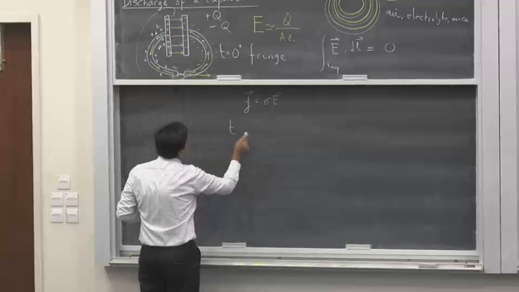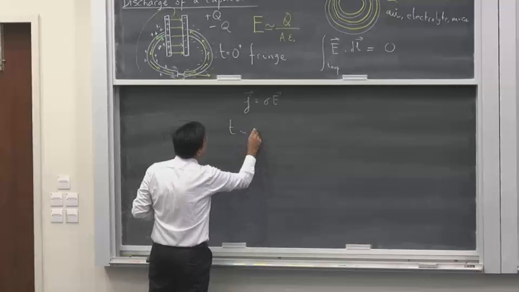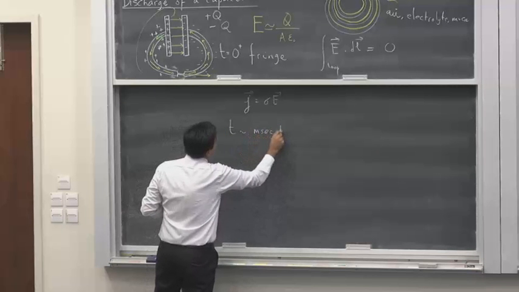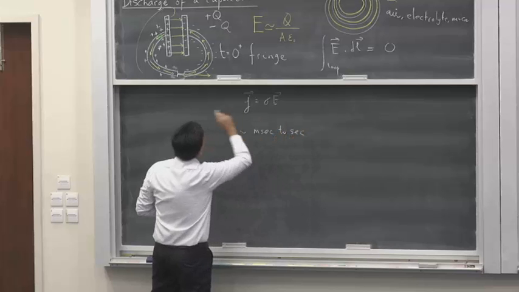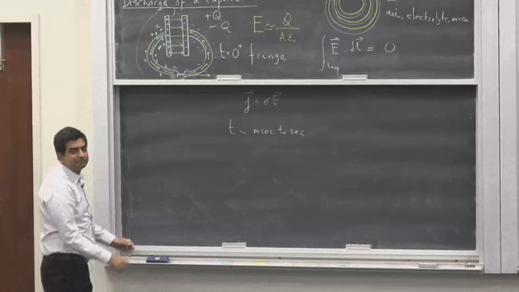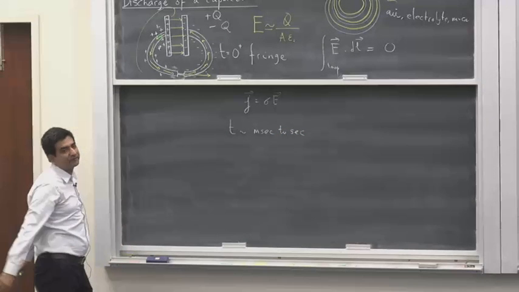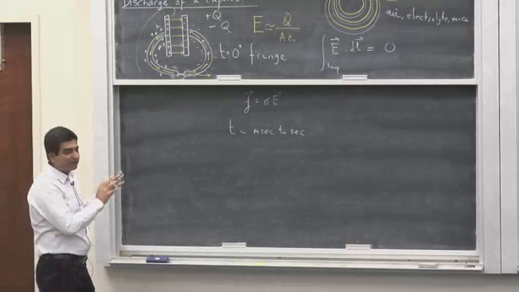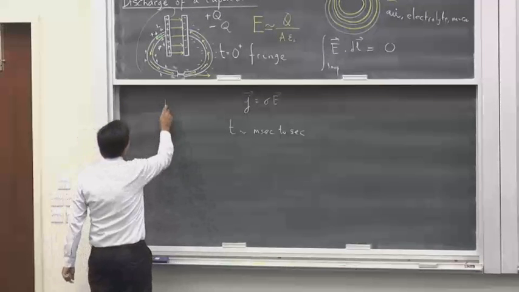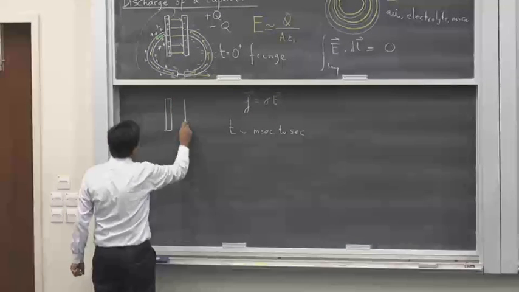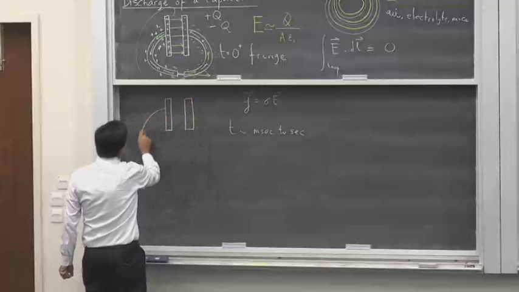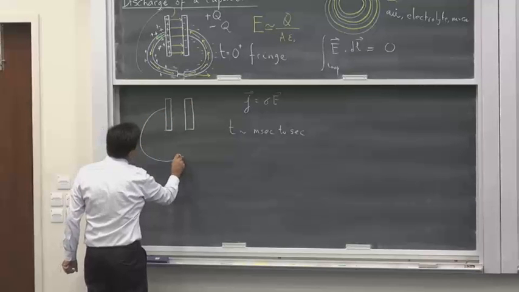At some other time t, of the order of milliseconds to seconds, if I were to take a snapshot of the electric fields and the charges on the circuit, I will have these parallel plates and this piece of wire, a small section.